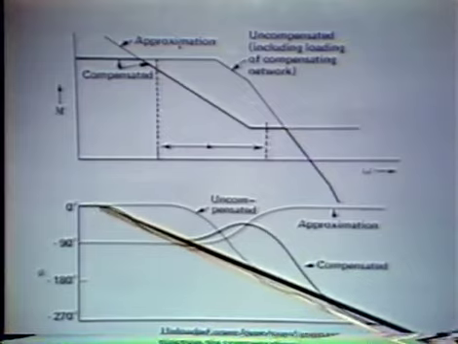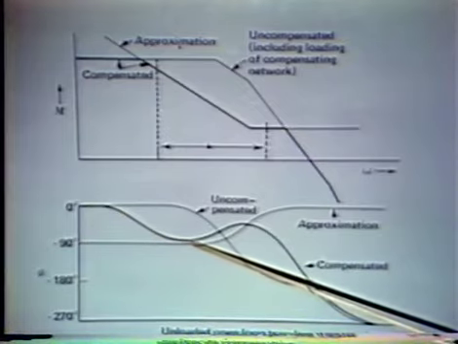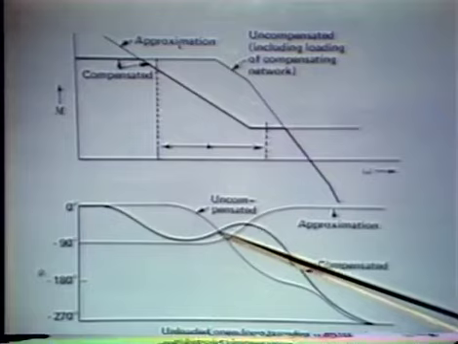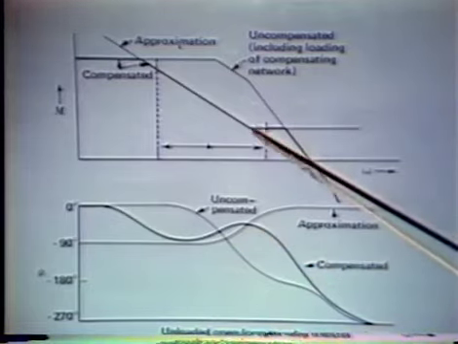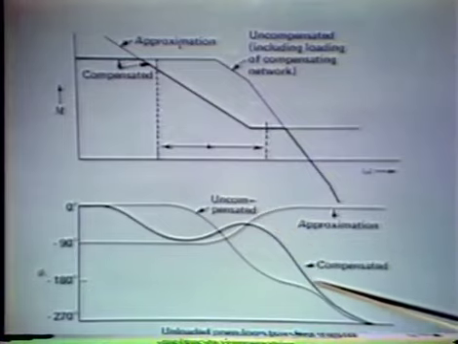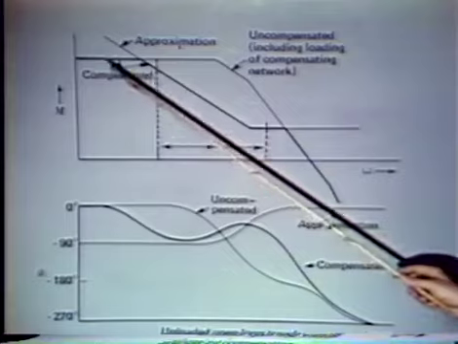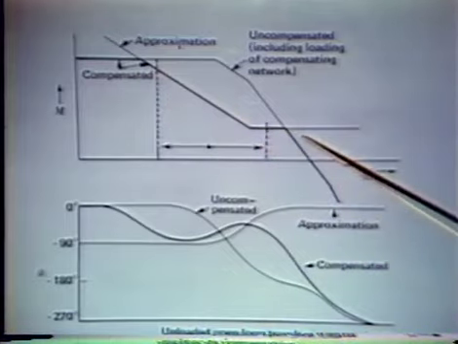At very low frequencies, it's 0. It then dips down close to minus 90 degrees over a wide range of frequencies, heads back more positive in the vicinity of the zero, and eventually falls off again at higher frequencies. So this then is the kind of open loop transfer function we'd expect from the amplifier.